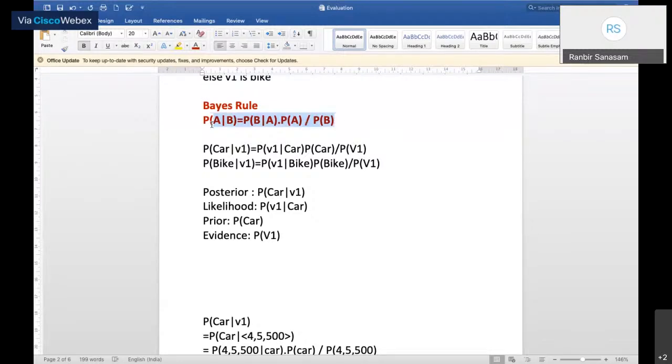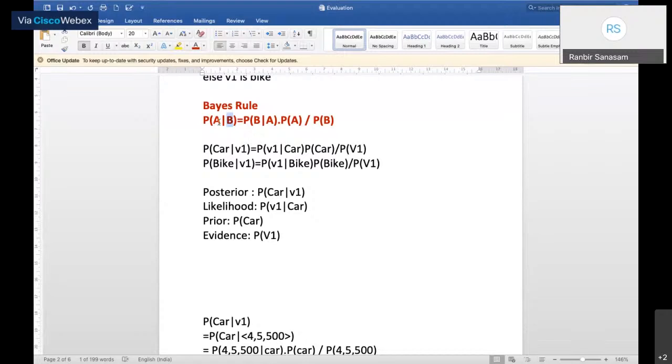The moment you visualize this conditional probability as a Bayesian rule, A is the class label and B is the sample that you have. Given the sample B, what is the probability of the class car?